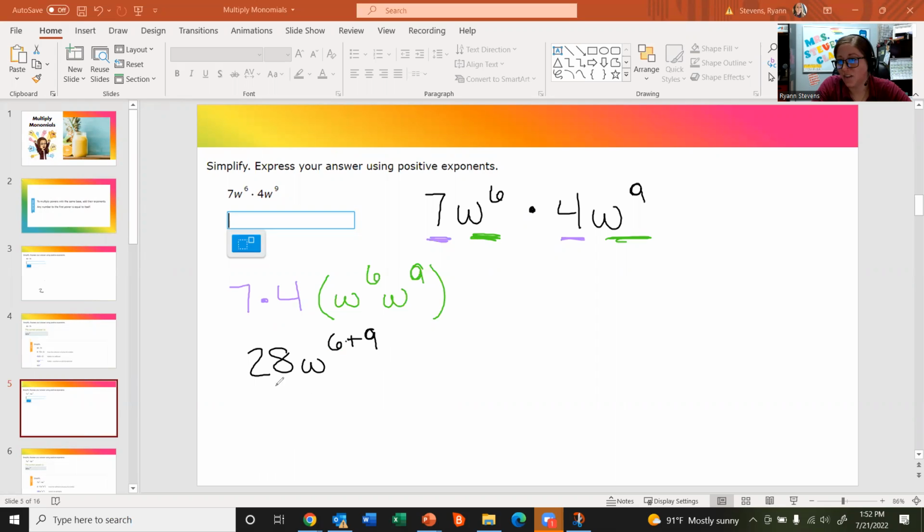And then once we solve that, 6 plus 9 is 15. So we would say that our answer would be 28w to the 15th power. Since we don't know what w is, we would just leave that alone, and this would be our answer for this question. And that's a lot of times where you'll see it say simplify, because you're not going to get a final number.